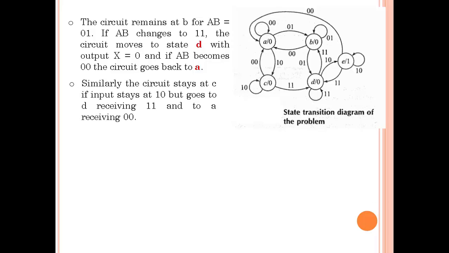Similarly, the circuit stays at C if input stays at 1 0, but goes to D if AB changes to 1 1, and goes to A if AB becomes 0 0.